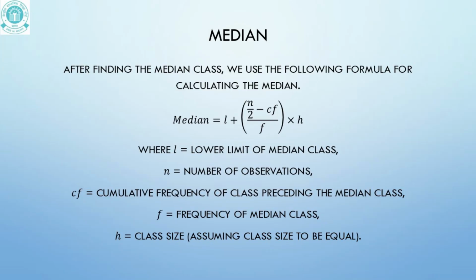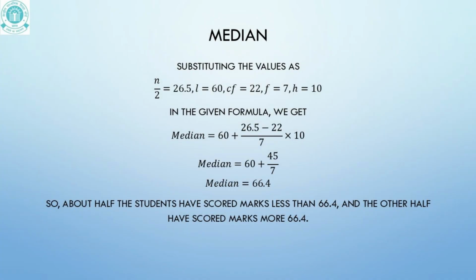We assume that the class size is equal. So, after substituting the values in the given formula, we finally get the value of the median as 66.4. So, about half the students have scored marks less than 66.4 and the other half have scored marks more than 66.4.